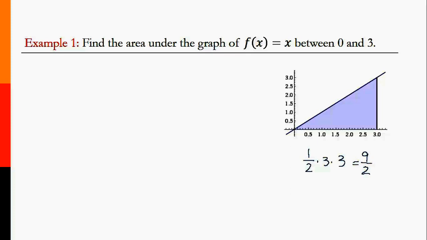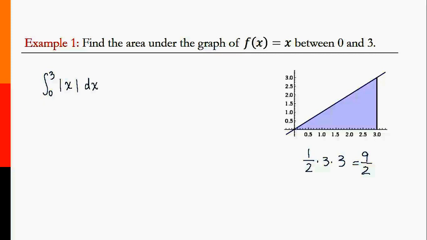However, we have learned how to use the integral representation of the area. So this area is just the integral from 0 to 3 of the absolute value of x dx.